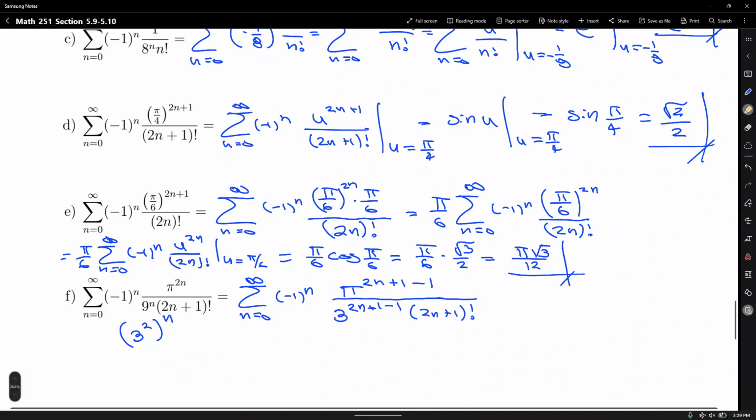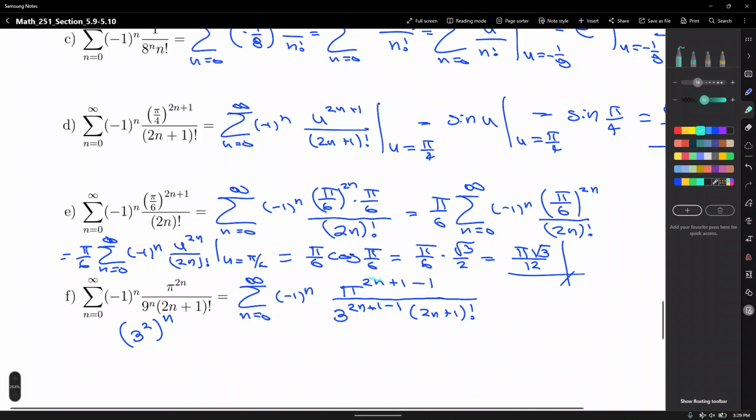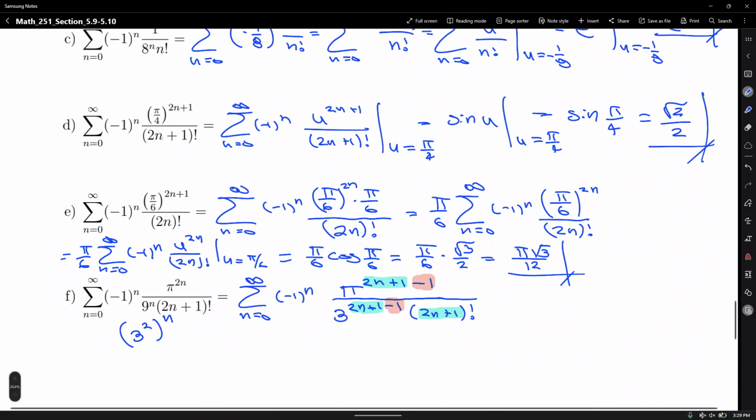I'm going to highlight with green what I actually need for the powers. And then I'm going to use laws of exponents. I'm going to have sigma n equals 0 to infinity of negative 1 to the n, pi to the 2n plus 1, and I'm going to have this pi to the negative 1 in the front.